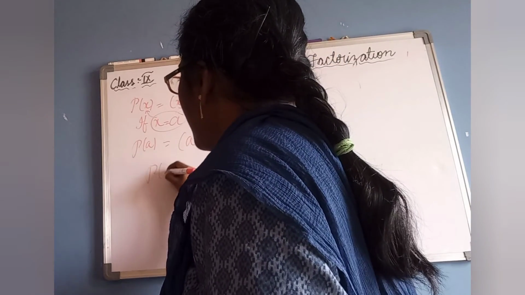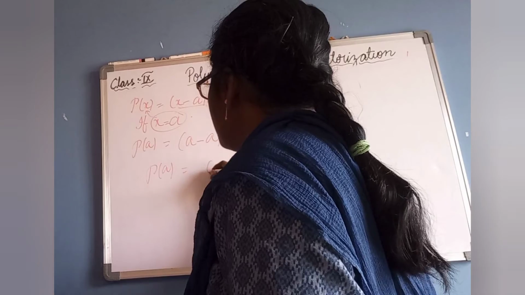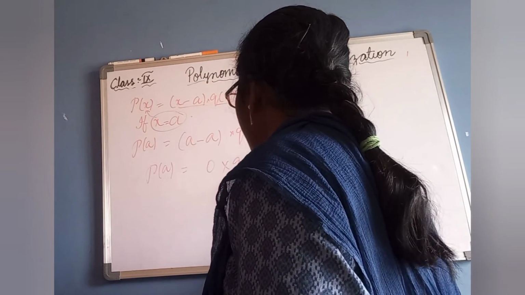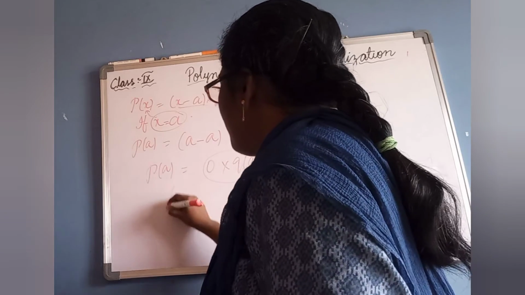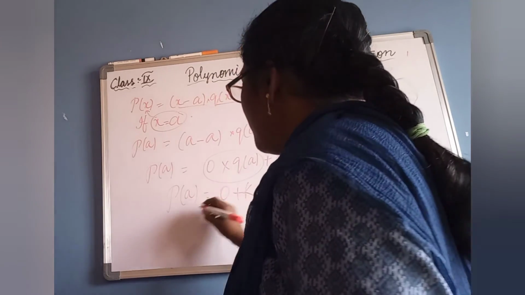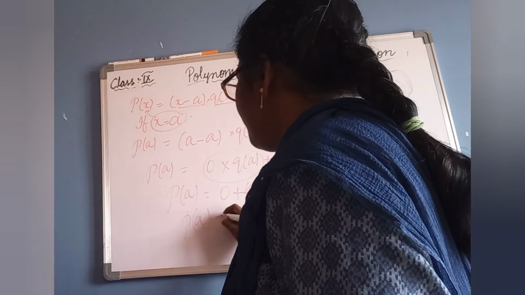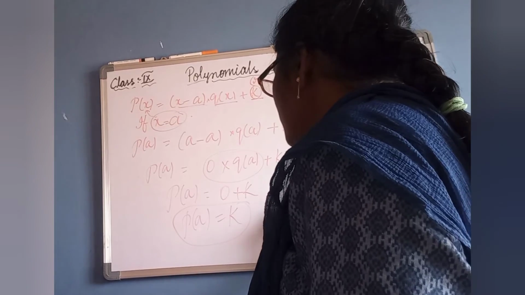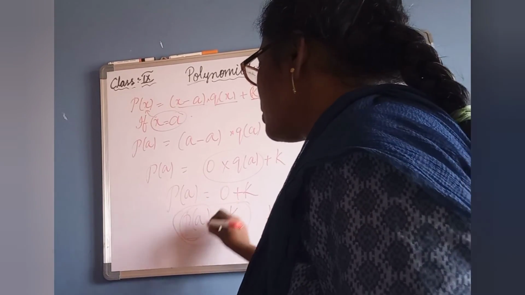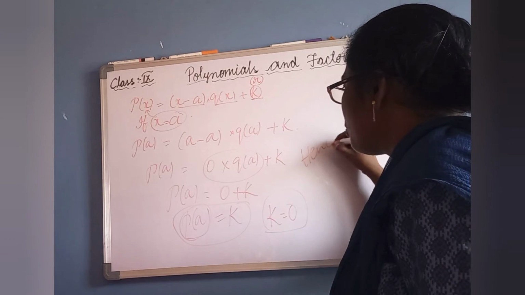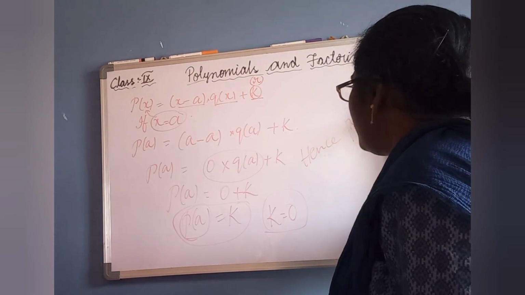So p of a is equal to 0 plus k, so p of a is equal to k. Hence we have proved the remainder theorem.